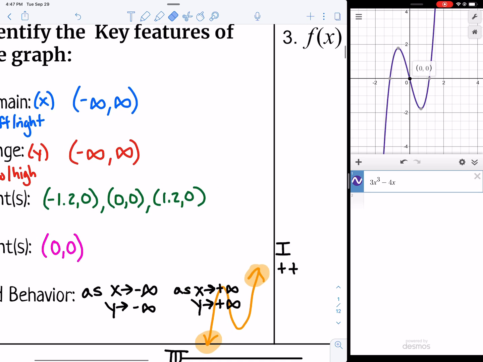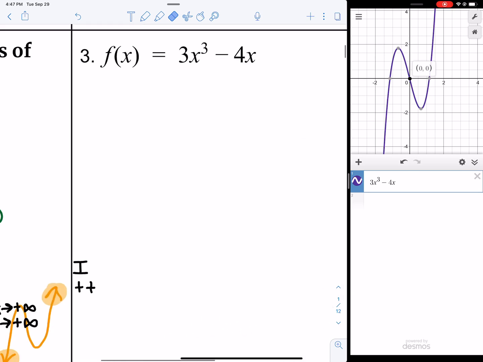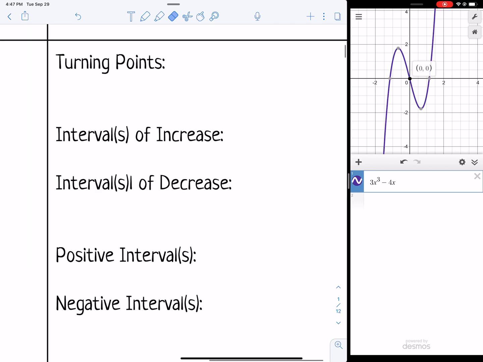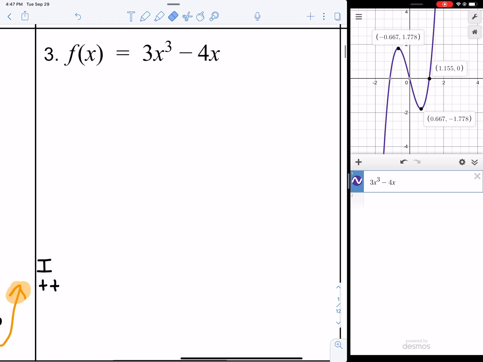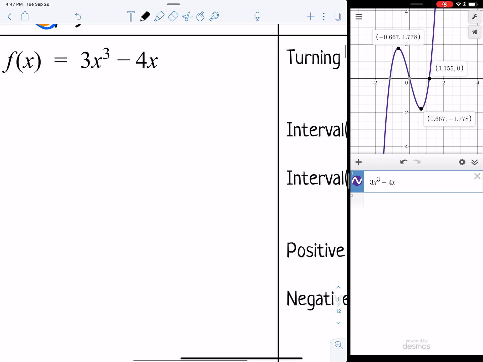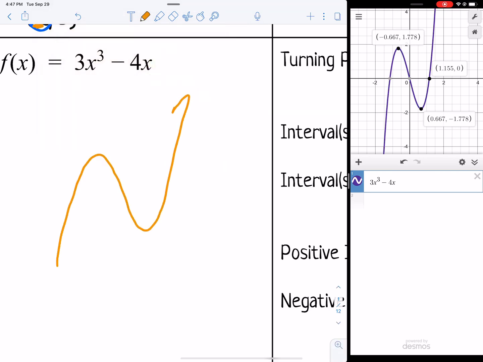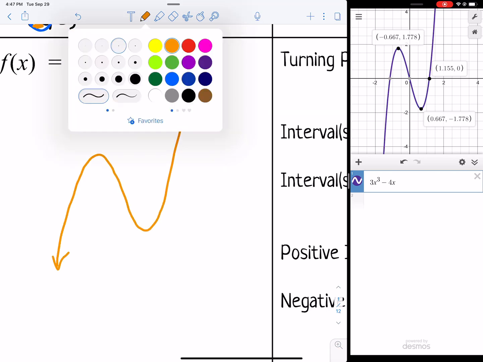Okay, so I'll just leave my little sketch there, and let's talk about turning points of the graph. I'm going to sketch my graph right here in the middle so I can continue to draw all over it, because that's what helps me out. Let's write some turning points down.